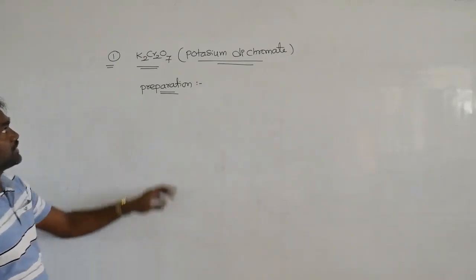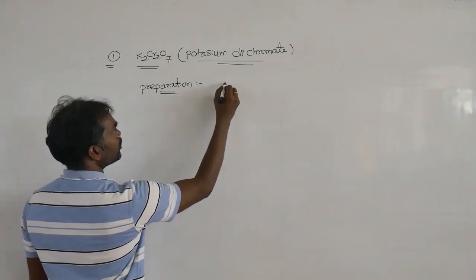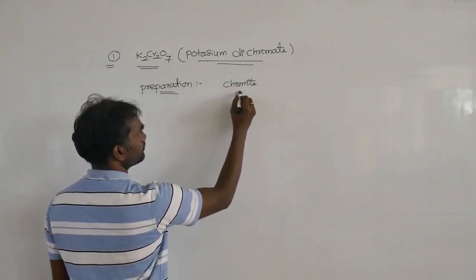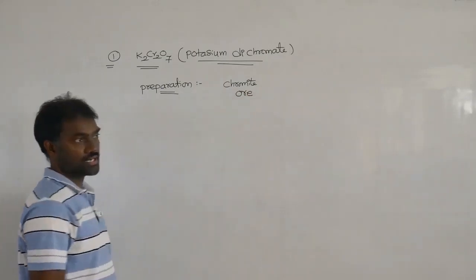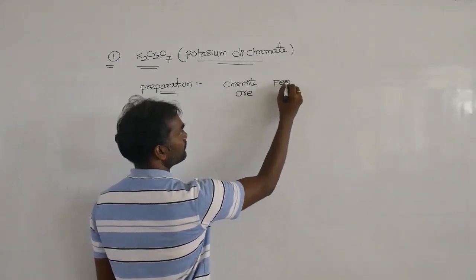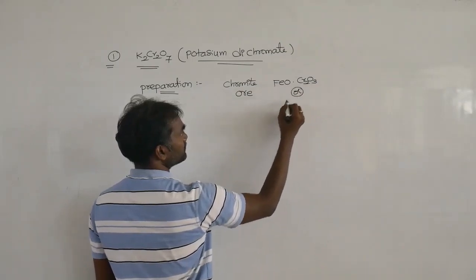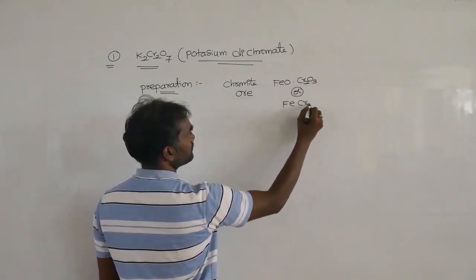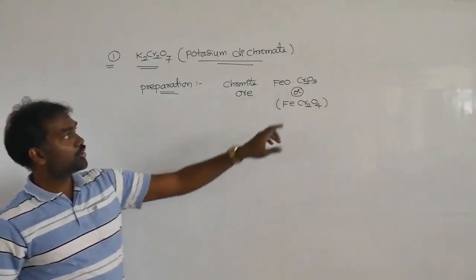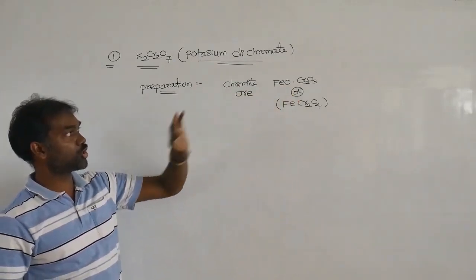The chromium-containing ore is chromite ore, and chromium is extracted from it. The formula is a combination of FeO, Cr2O3, otherwise FeCr2O4. You can take anyone. Chromium oxide and iron oxide in combination is called chromite ore.